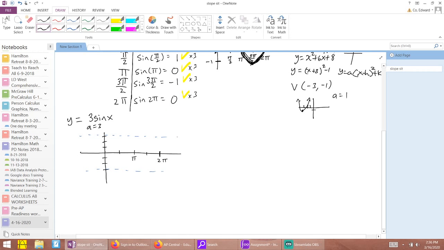So it's still going to be 0. 1 times 3 is 3. 3 times 0 is 0. 3 times negative 1 is negative 3. And 3 times 0 is 0.